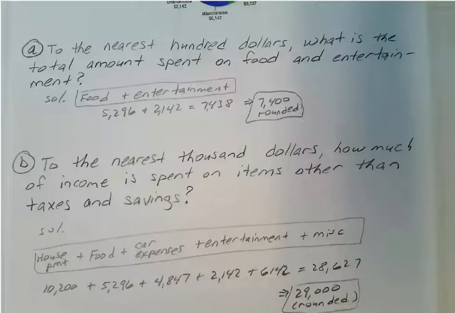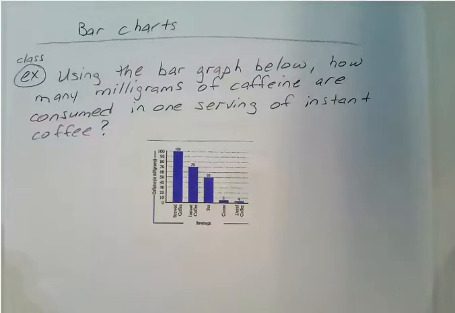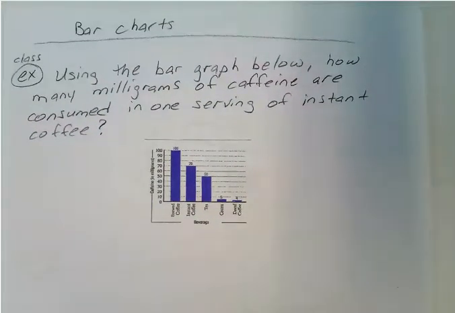All right. So again, if you are still writing this, feel free to pause it. But we're going to go ahead and move on to our next example, which covers bar graphs. Okay, so bar graphs read pretty much just like the pie chart.